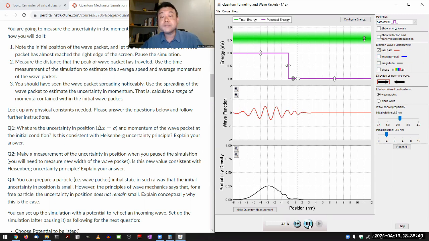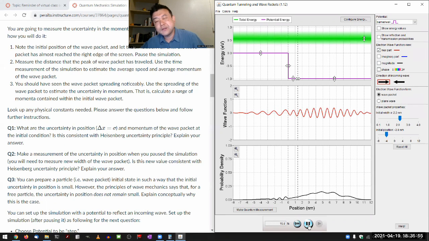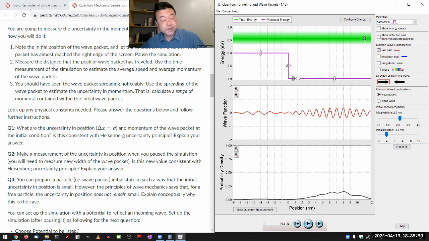After it enters the other side of the potential, the wavelength becomes 1 division. So the wavelength got shorter; work out the ratio however you want, either 33% or 50%.